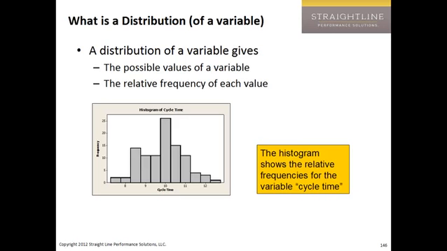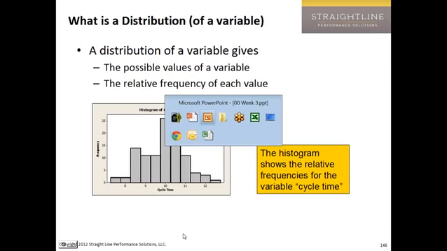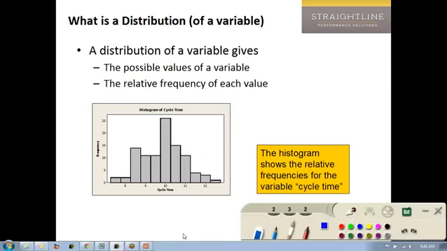So what's a distribution of a variable? A distribution says these are all the possible values and the relative frequency of each of those values. That's really what a distribution is. If we abstract this, in reality, if we took more samples, it might look more like this smooth curve that I'm drawing.